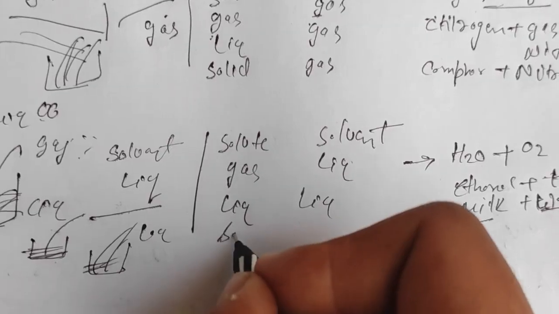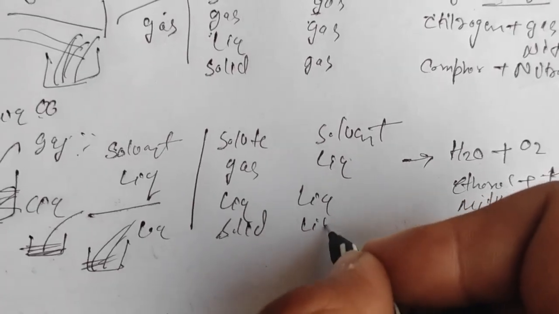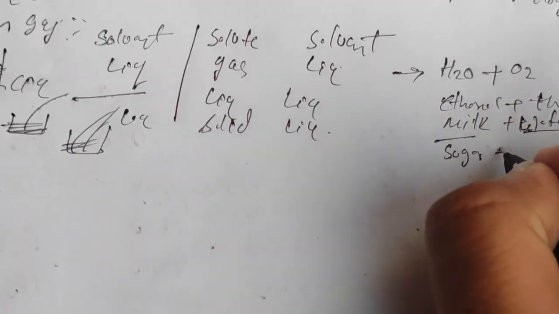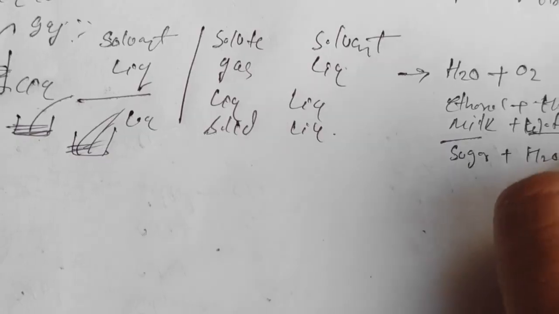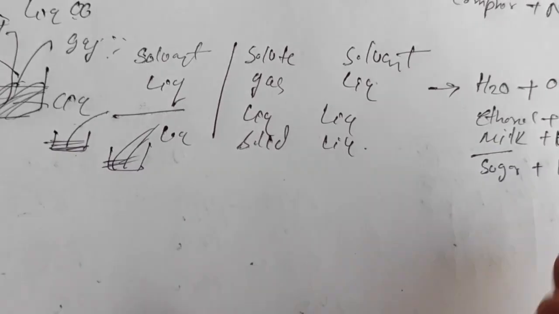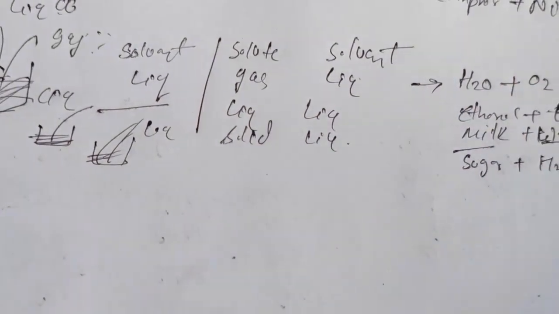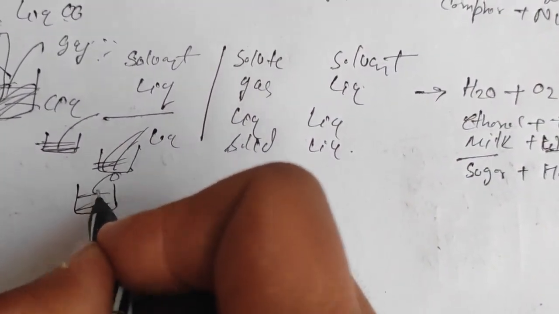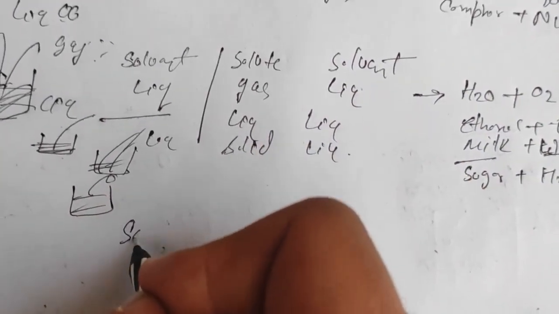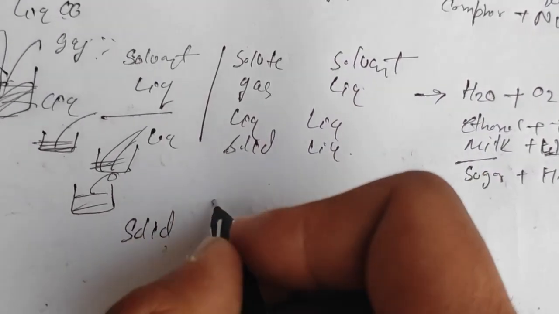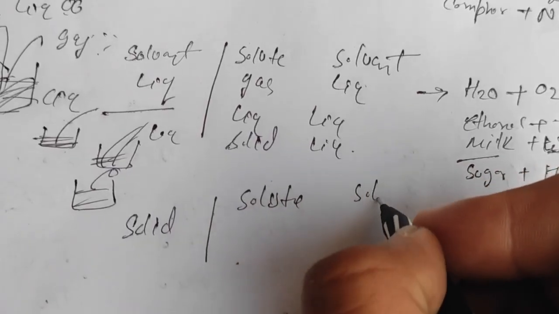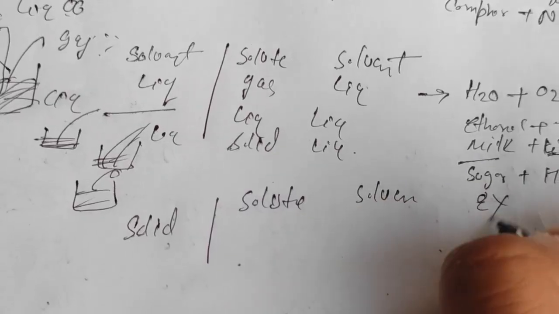Then the solute is solid and the solvent may be liquid, for example sugar in water or milk. We add some sugar to the liquid for better taste.